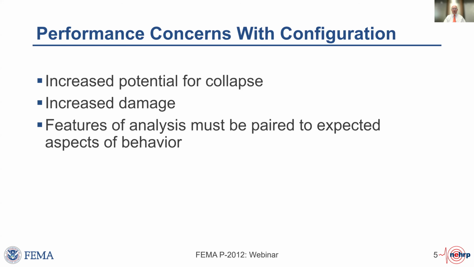Configuration challenges can also produce increased damage in a building. And as we want to understand the configuration of a building and its expected performance, we need to have the right kind of analysis to capture the behaviors so that we understand the problem well. And so configuration can affect our choice of analysis methods.